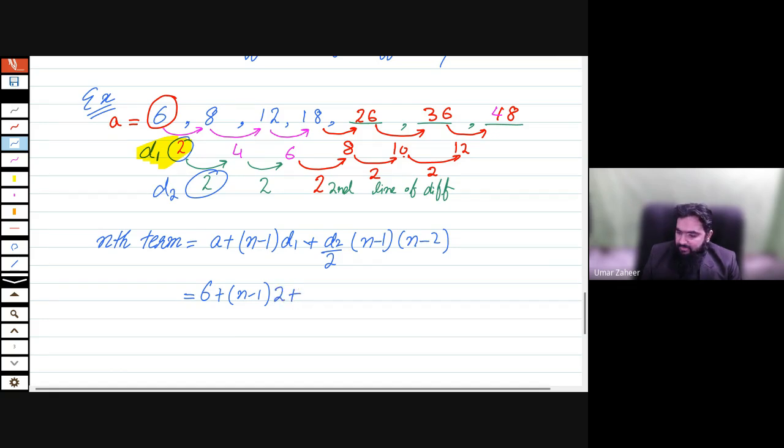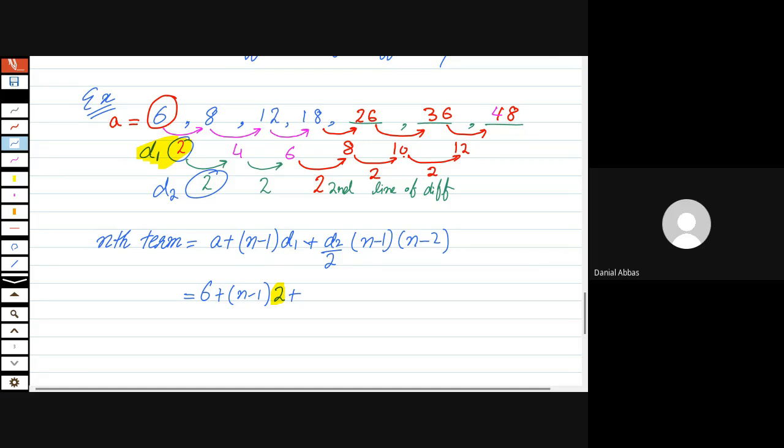Yes, Daniel, what is the difference of the differences, meaning the difference of the first line of differences?